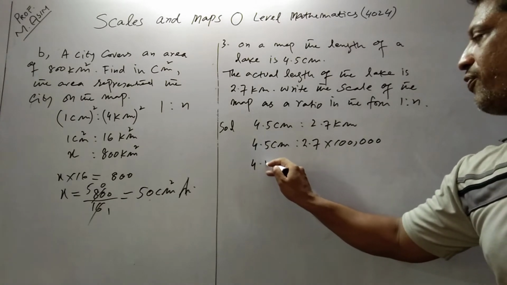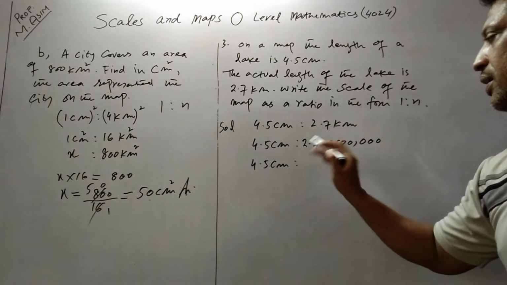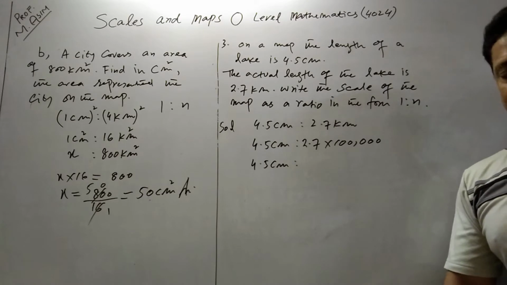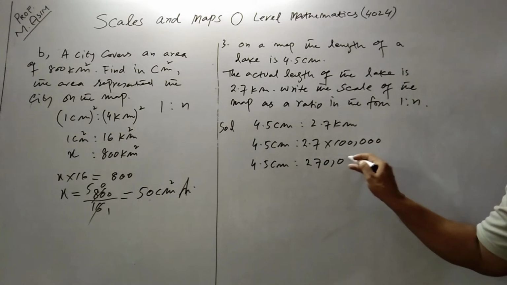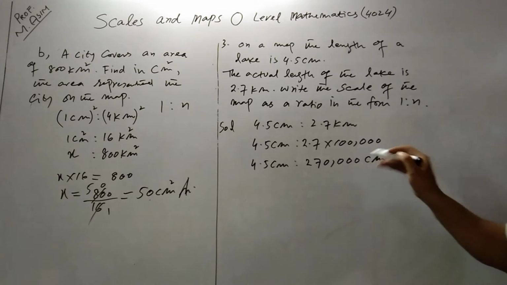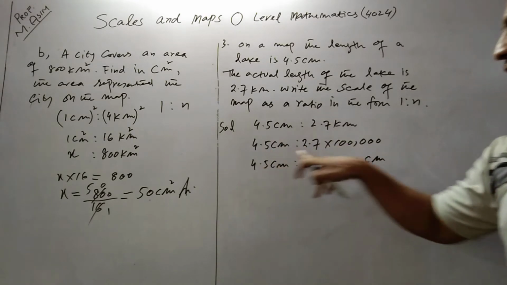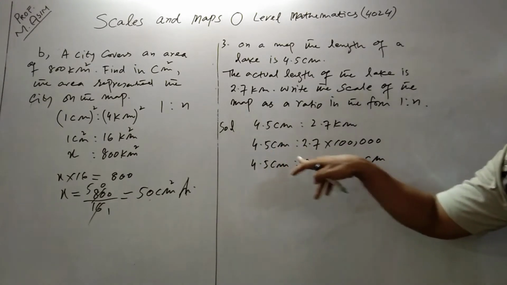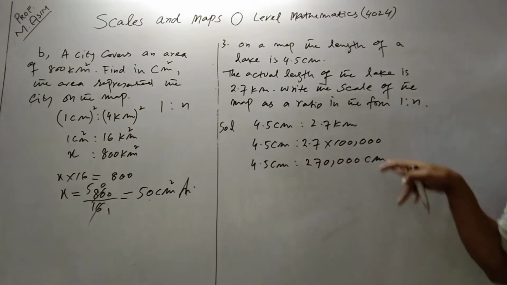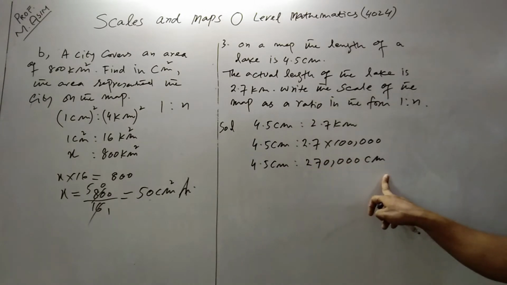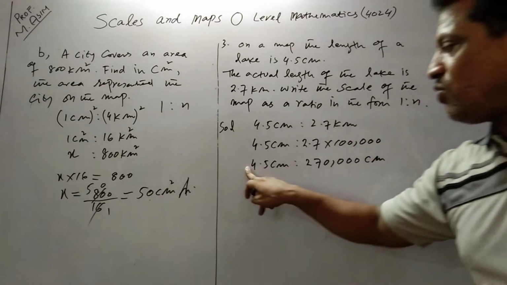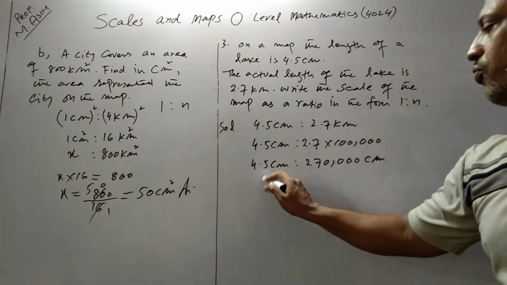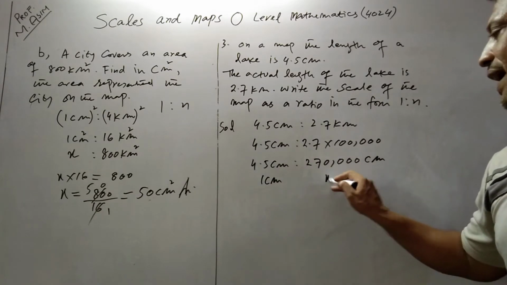So 4.5 centimeter, 2.7 multiplied by 100,000 is 270,000. Now this is converted to the same unit. 4.5 centimeter represents 270,000 centimeter. But you need to convert into 1:n, so the first value must be 1. Therefore 1 centimeter represents x.